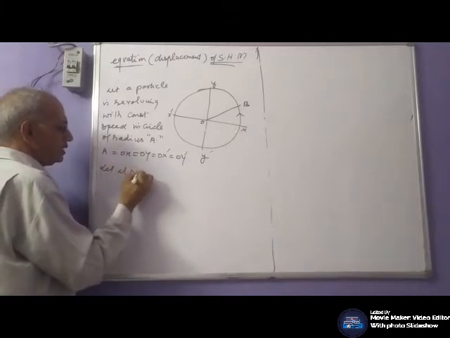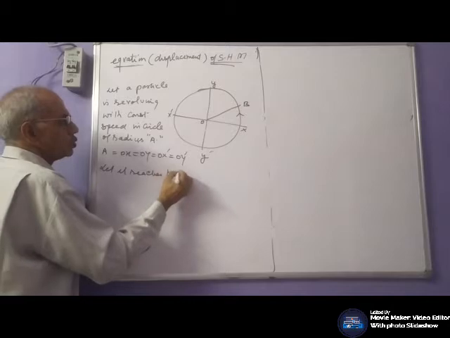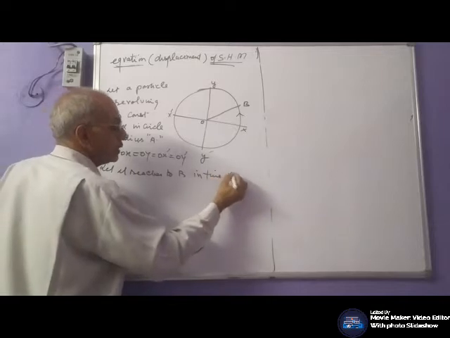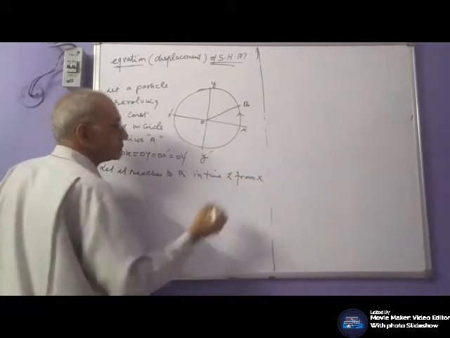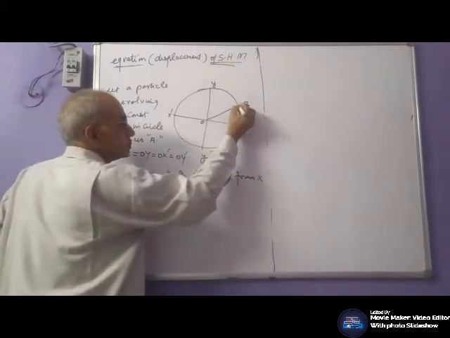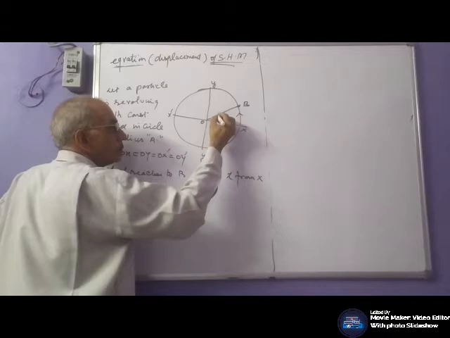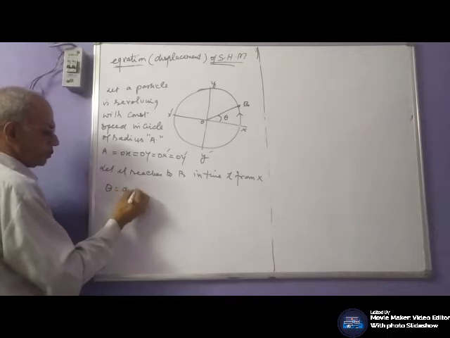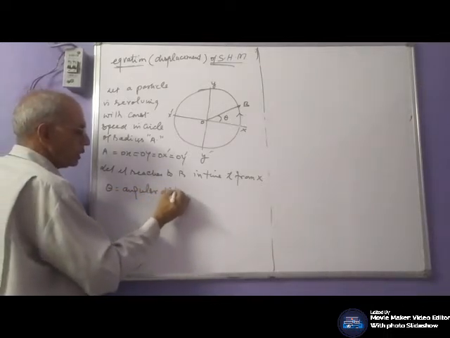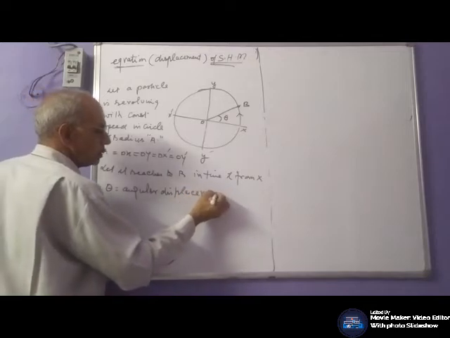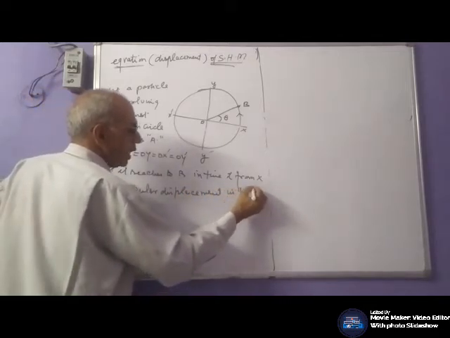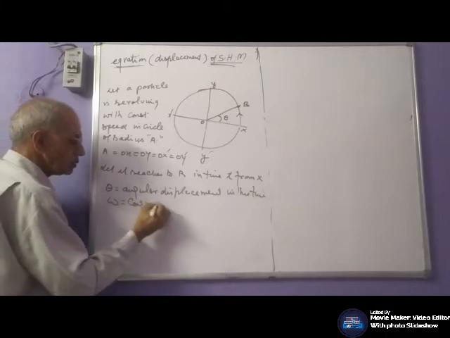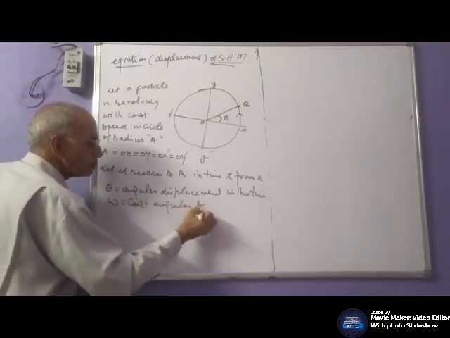Let it reach from X to B in time t, from here to here in time t. Theta is the angular displacement in this time, omega is the constant angular speed.